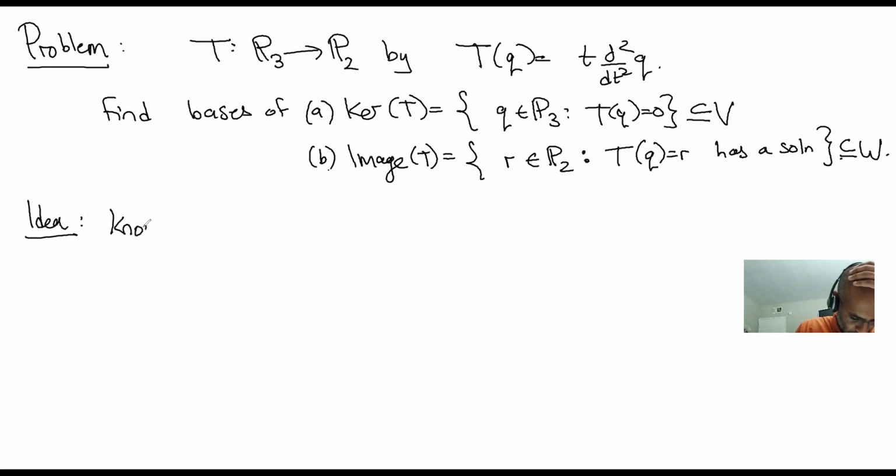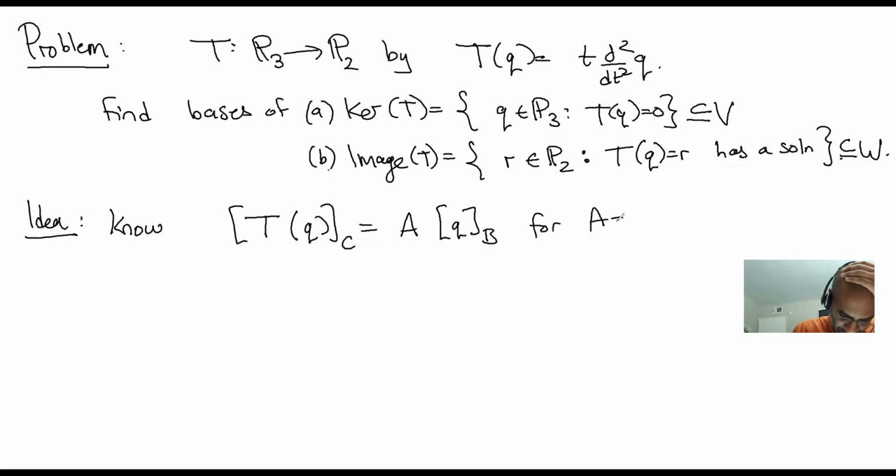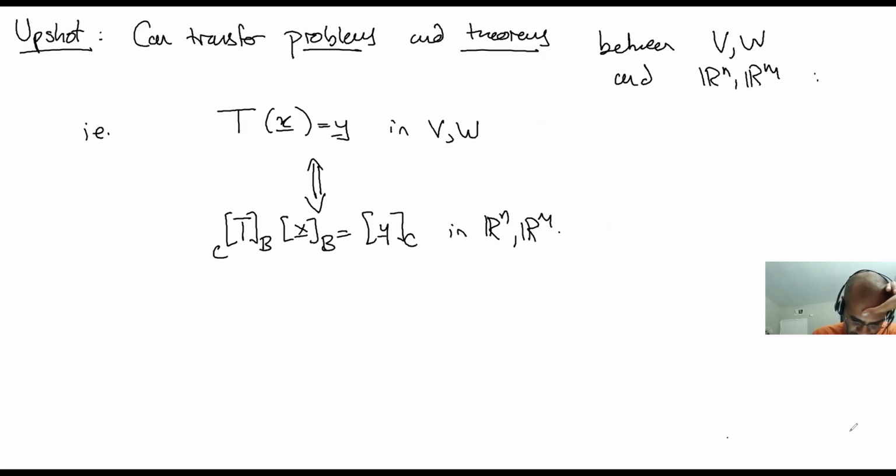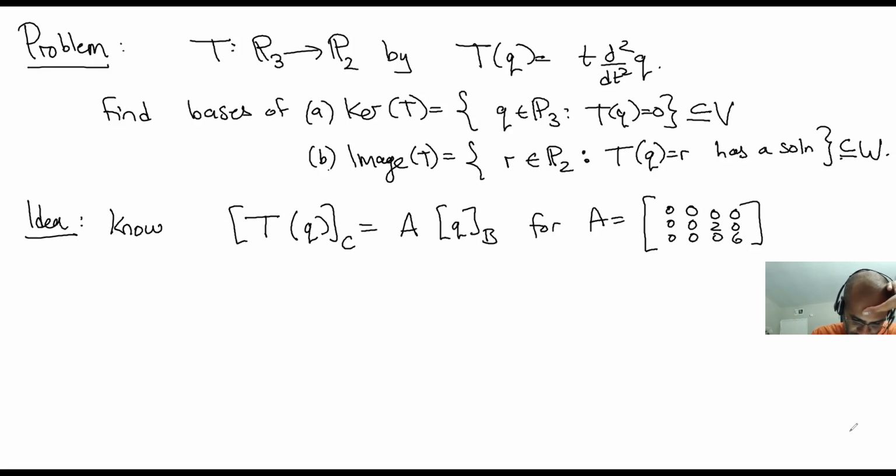So I know that the coordinate vector of T of Q is equal to this matrix A times the coordinate vector in the input basis, for a very concrete matrix. This matrix is not scary at all, right? And so what's the upshot? By this correspondence principle, I can translate my problem into a problem about this matrix.